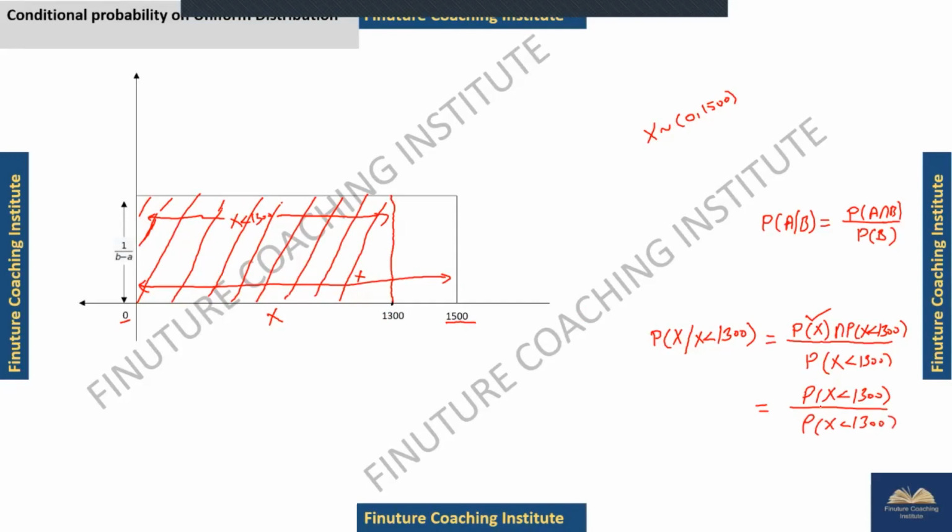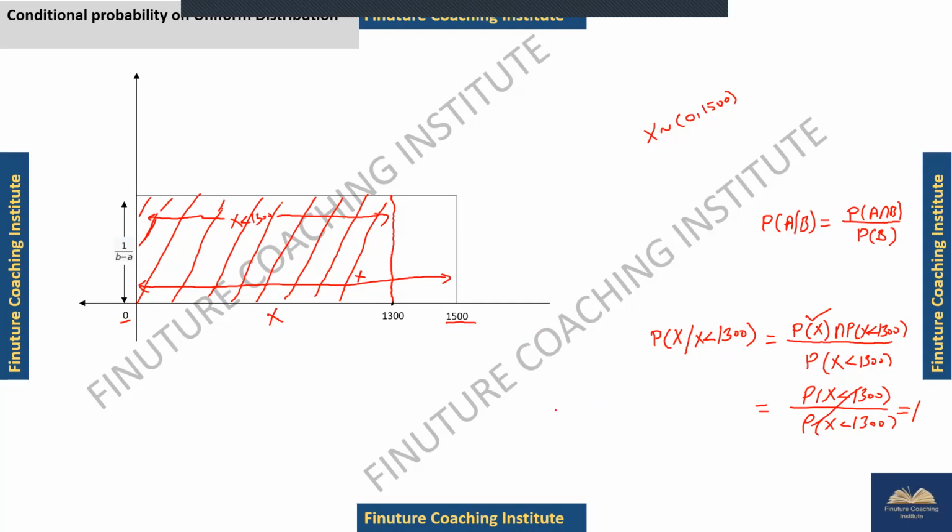Given both are the same, we don't need to find it separately. Otherwise, we would have applied some numbers to come up with this. But both will cancel and the answer would be 1. So the conditional distribution wherein X is less than 1300 is 1.